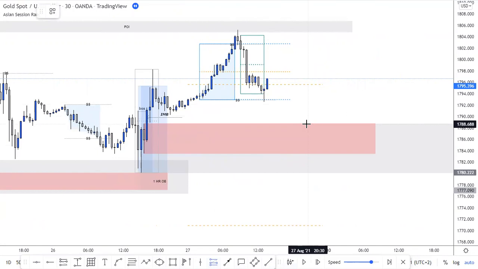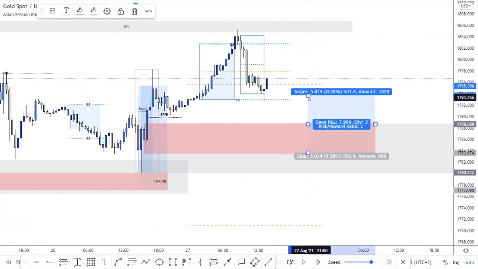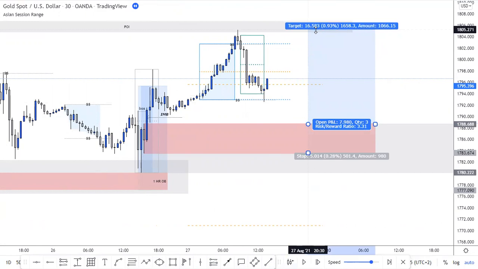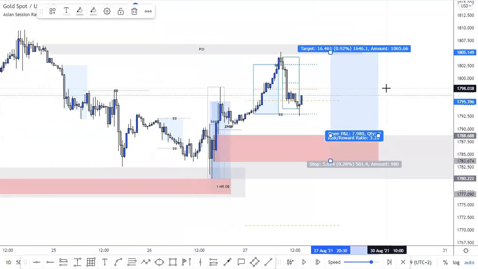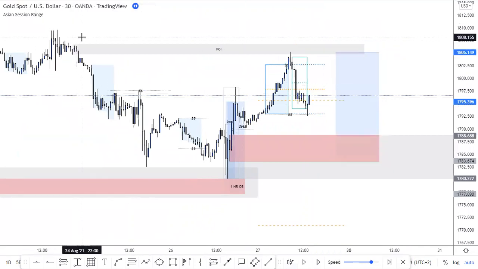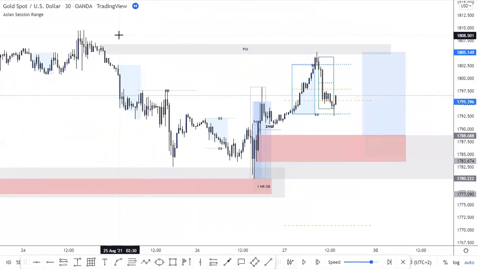The high of this candlestick, then we target here. We target somewhere here. Let's check what's happening on the left. Okay, see.